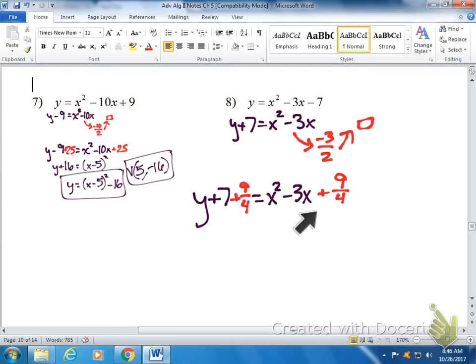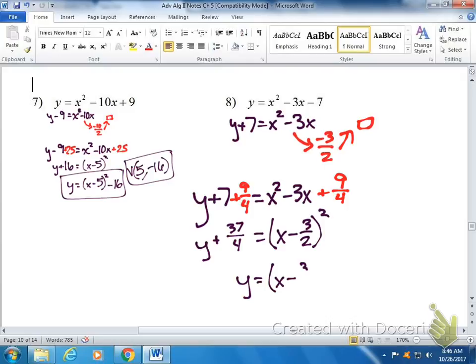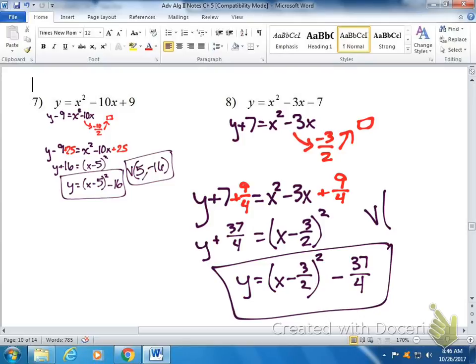And same, whenever I write the completed square, it's going to be in improper fraction form. And we've got to recognize that inside those parentheses for the completed square, it's going to be x minus that middle term divided by 2. There's our completed square. So to get it in vertex form, we've got y equals the quantity of x minus 3 halves squared minus 37 fourths. So this crazy vertex would be positive 3 halves, negative 37 fourths.